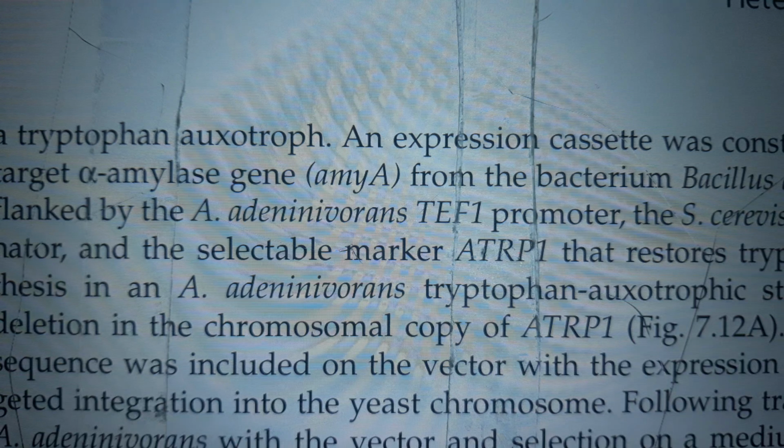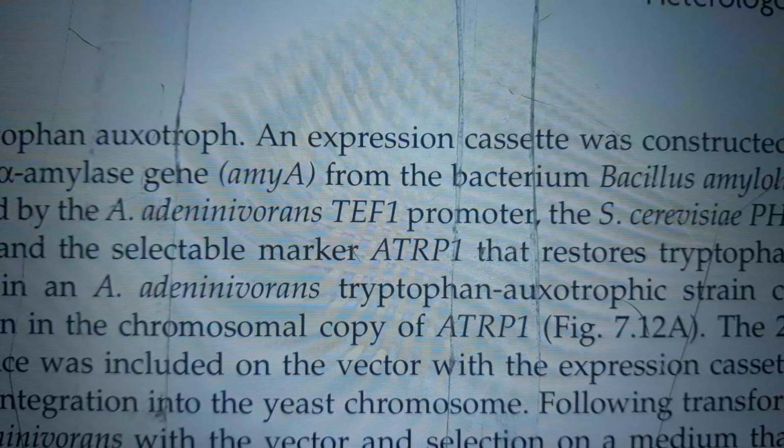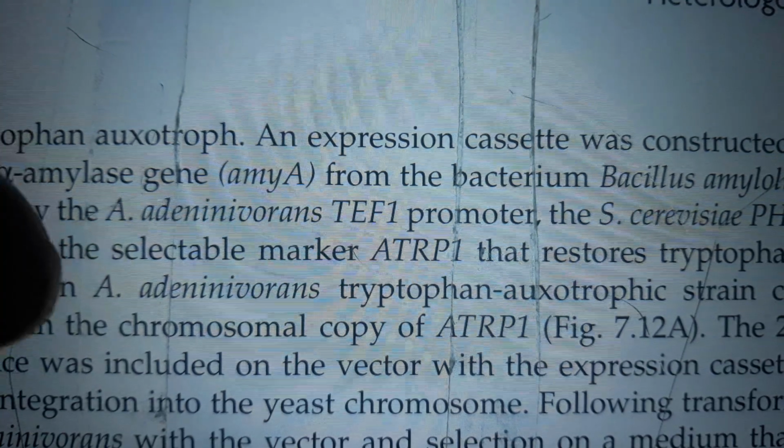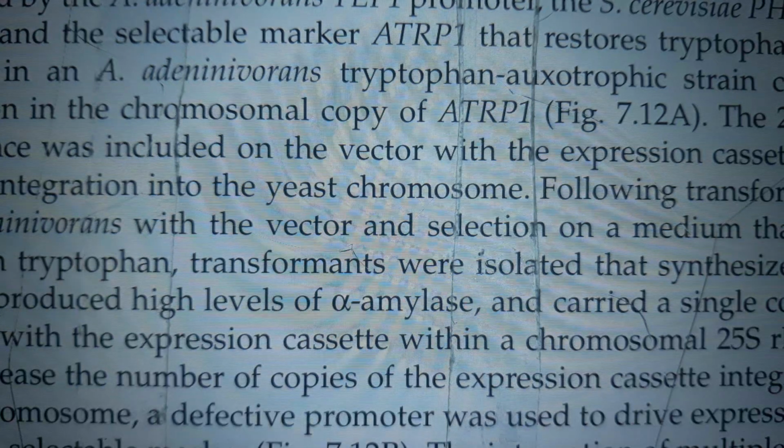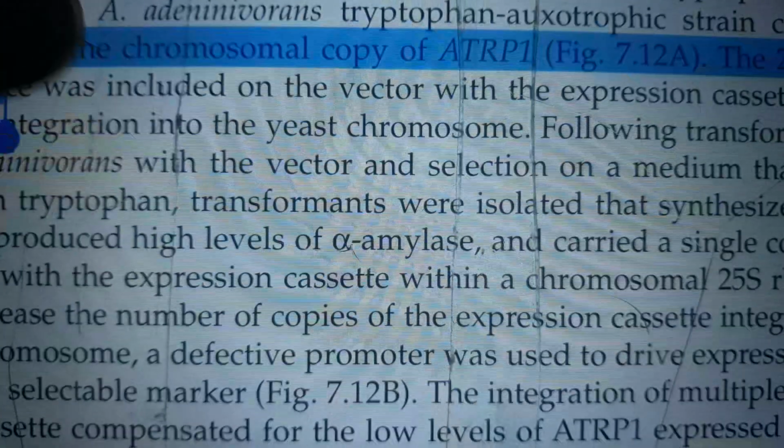An expression cassette was constructed with the target alpha amylase gene from the bacterium Bacillus amyloliquefaciens, flanked by the TEF1 promoter, the S. cerevisiae PHO5 terminator, and the selectable marker ATRP1 that restores tryptophan biosynthesis in a tryptophan auxotrophic strain carrying a deletion in the chromosomal copy of ATRP1.